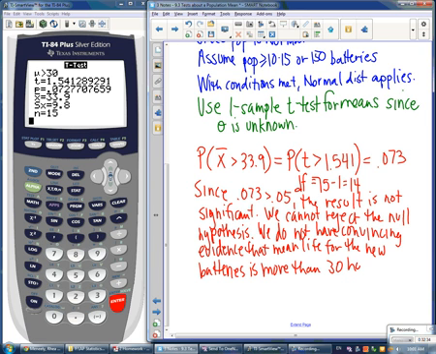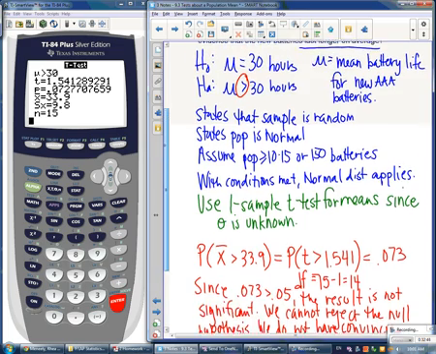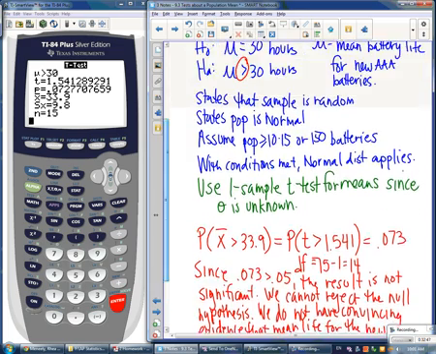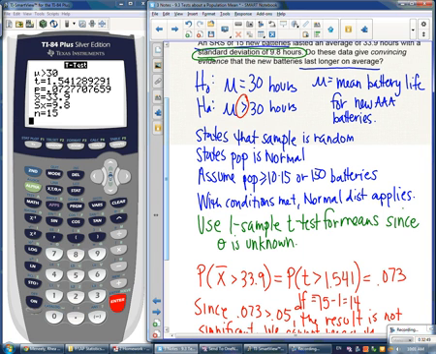You could even say we don't have evidence that the mean life for the new batteries is more than the mean life for the regular batteries. Okay, and that's how you would complete the test. So we have all four parts to the test stated.